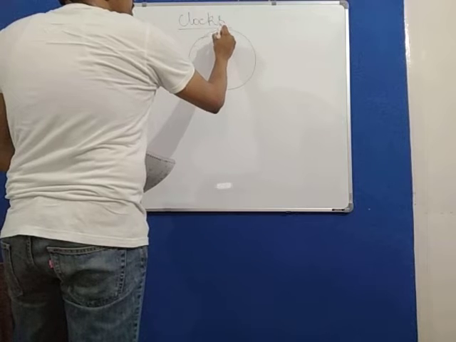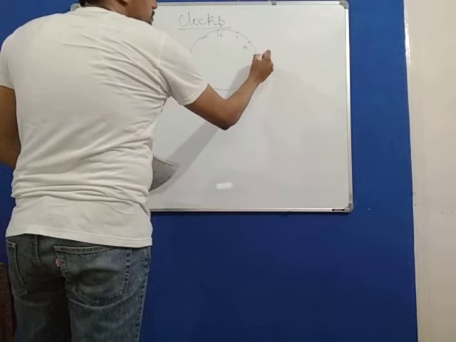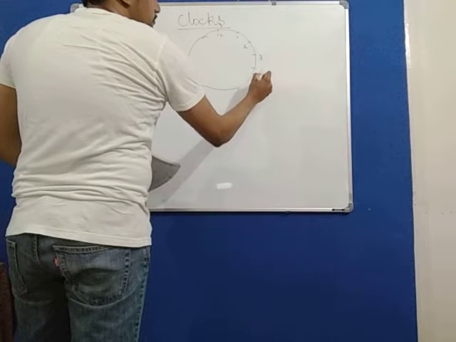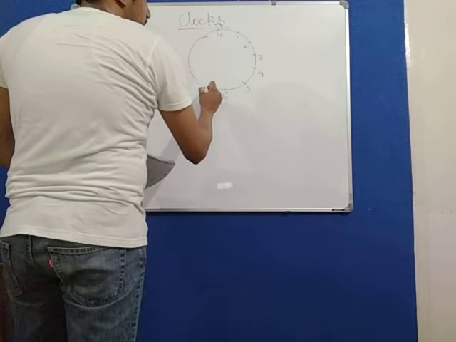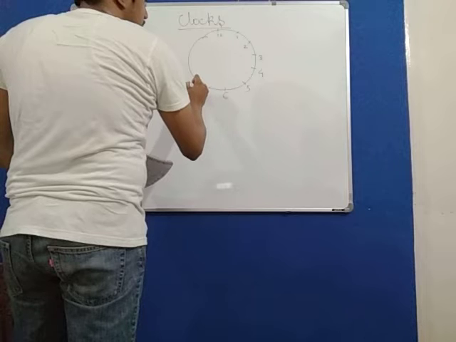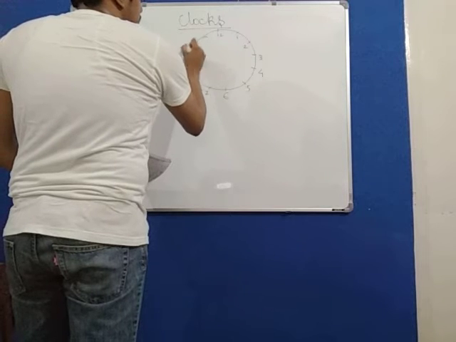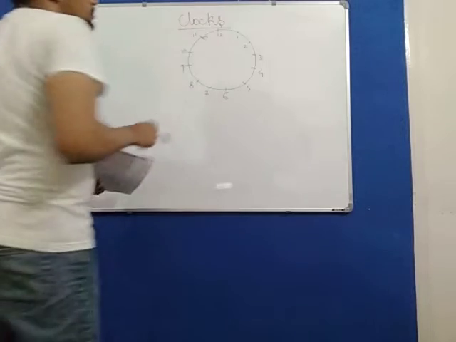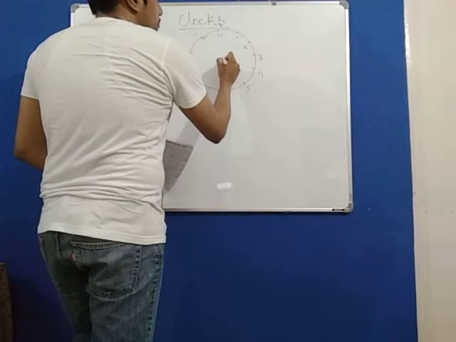So we have 12, 1, 2, 3, 4, 5, 6, 7, 8, 9, 10, 11 and 12. We have a minute hand and we have an hour hand.